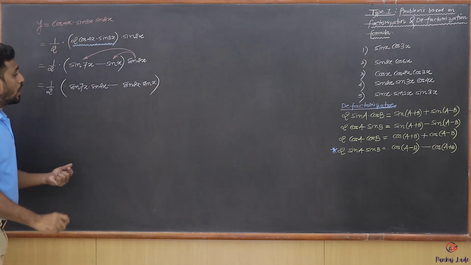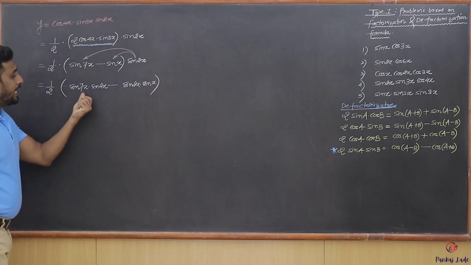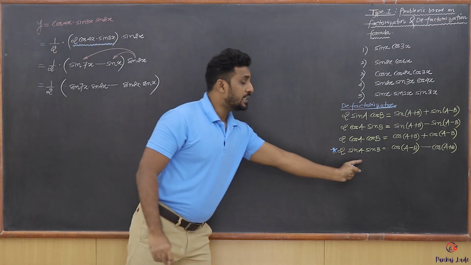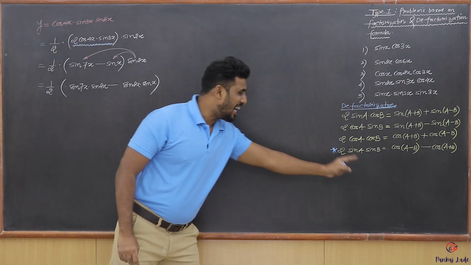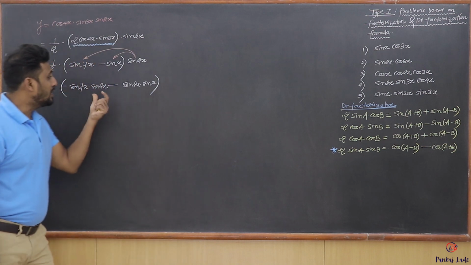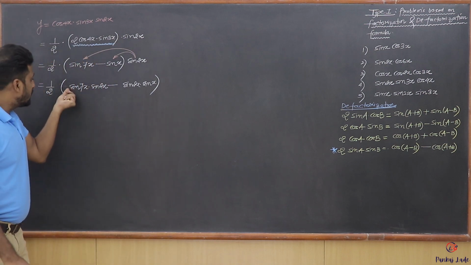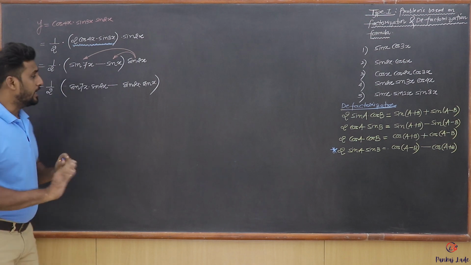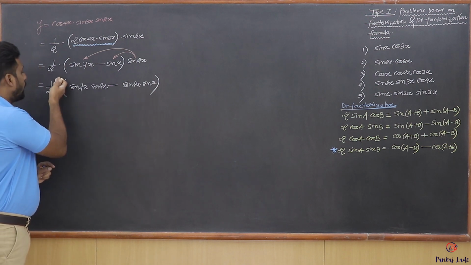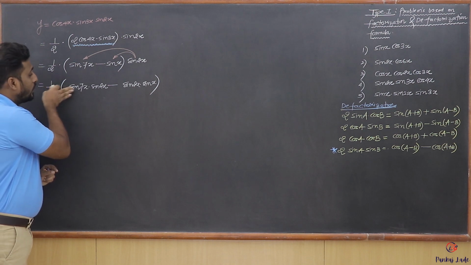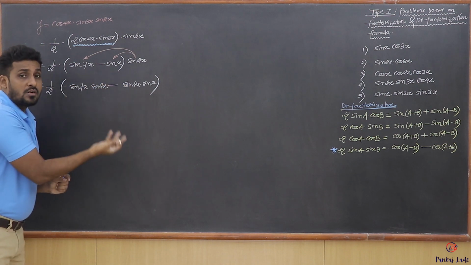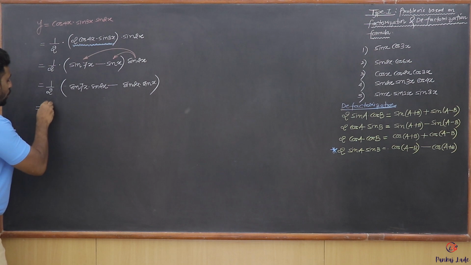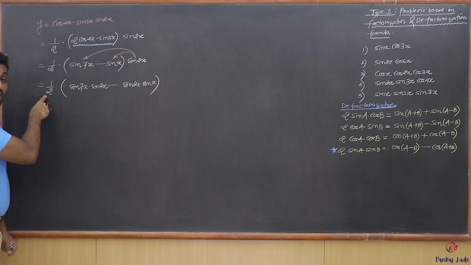Getting on, students, now again, can you observe this is sine a sine b. This is sine a sine b. De-factorization formula. Again, you need a 2. A 2 is missing in this particular term. So this needs 2. This also needs 2. That means ultimately I need 2 only. This is a minus b. So if you take 1 by 2 outside and you take 2 inside the bracket, it multiplies with both the terms. So here again I'm going to get 1 by 2 which was present already there.